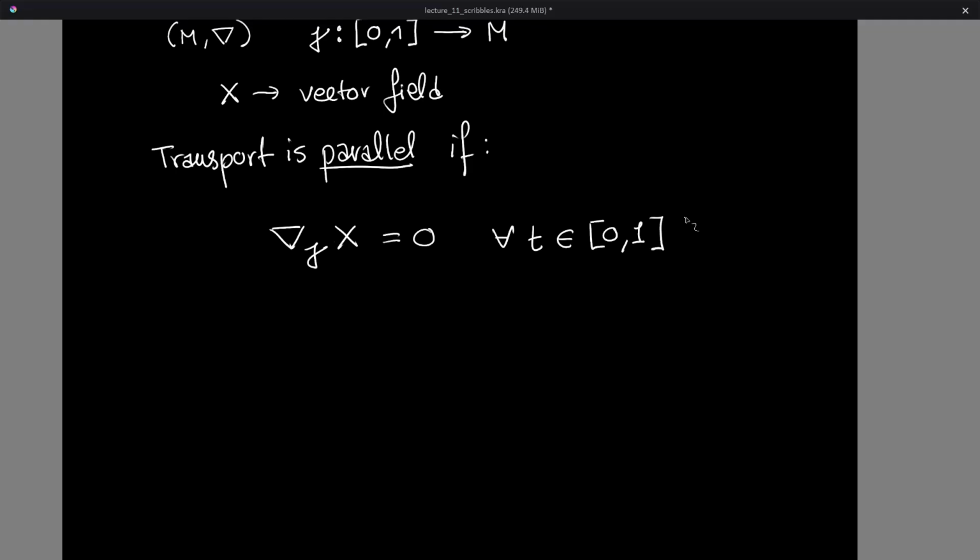So along the entire curve, if the covariant derivative with respect to the curve of the vector field is 0, then X is the representation of a vector being moved, right?